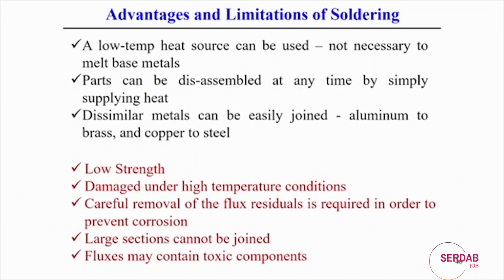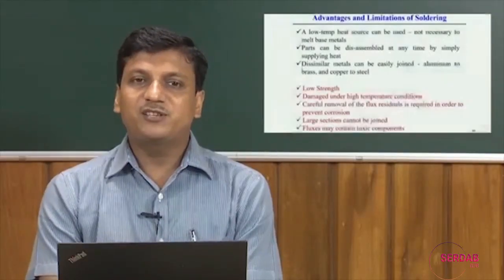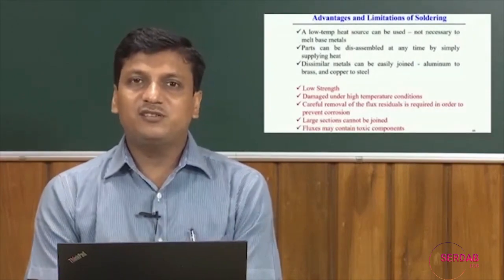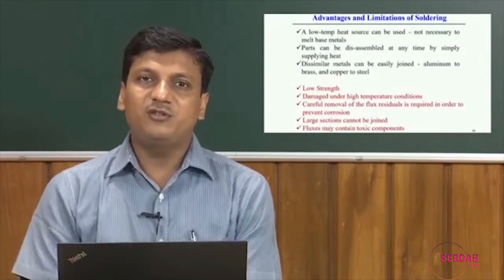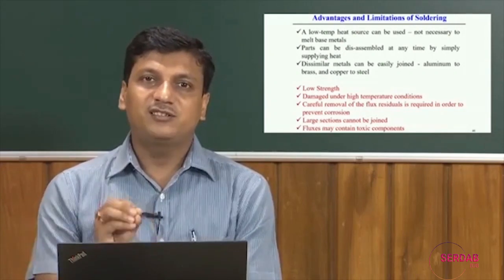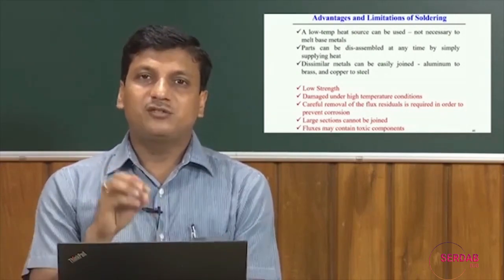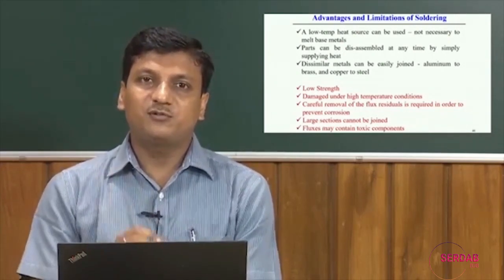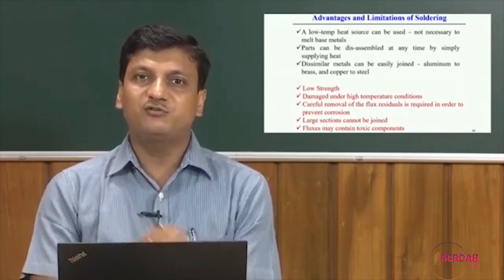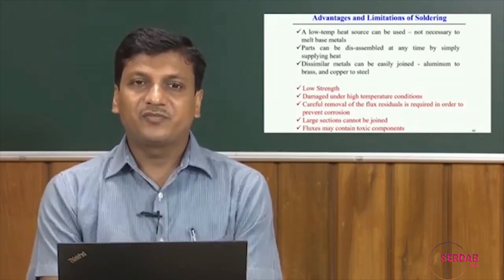In soldering, a low temperature heat source is required. The heat source is not needed to melt the base material; a low intensity heat source can be applied exactly on the solder wire, which is supposed to melt, not the base material.